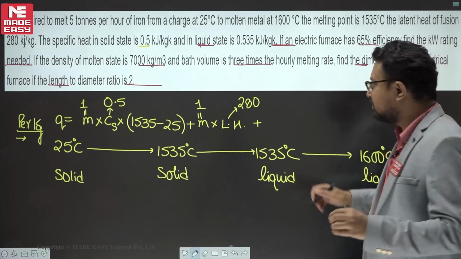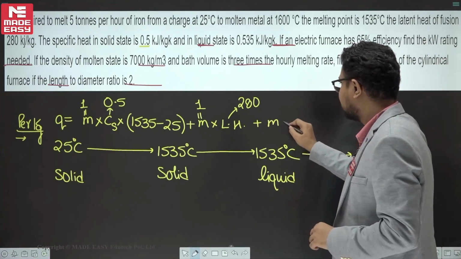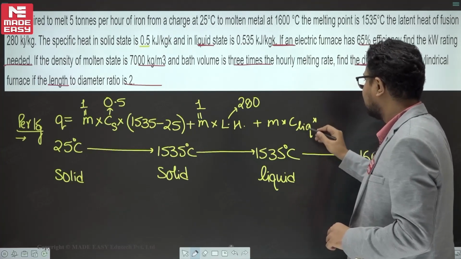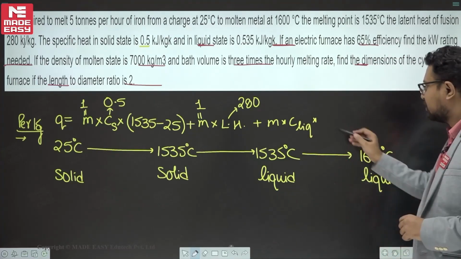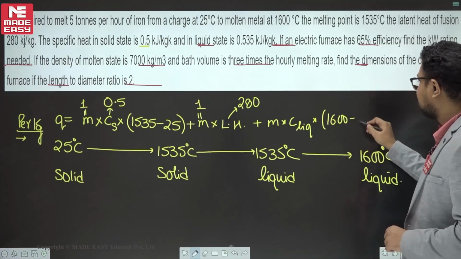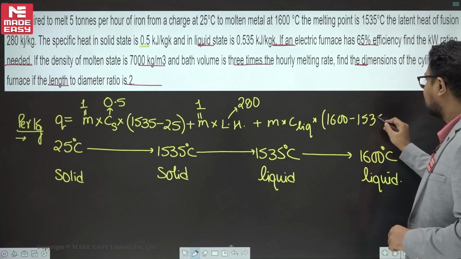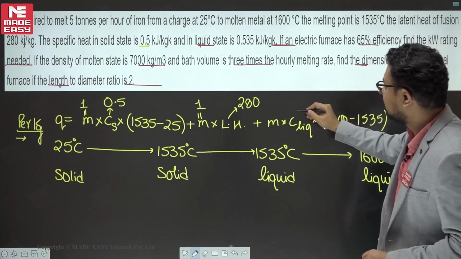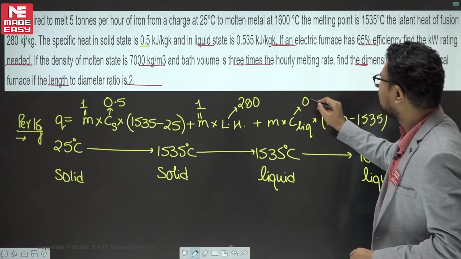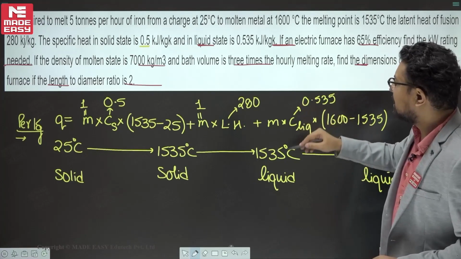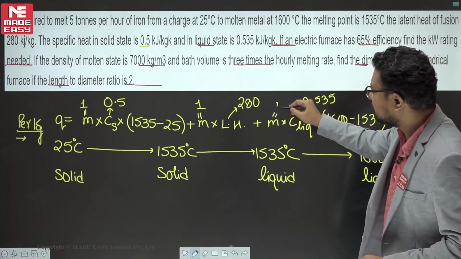So again m into specific heat, now it has changed to liquid, so C liquid into dT, that is the temperature increment. So it will be 1600 minus 1535. Specific heat in the liquid state is 0.535, and we have taken the mass to be 1.